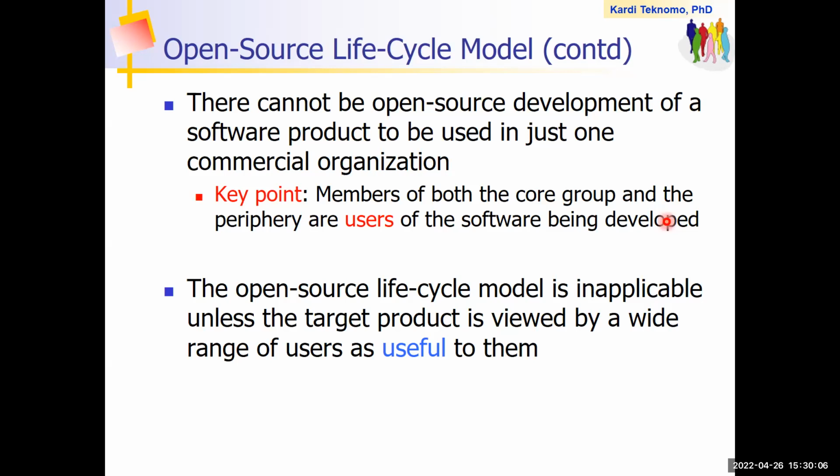Because you create the software and you are the one who uses it, you feel, oh, this is not good. I can improve it this way and that way. The more often you use your own software, the better the improvement will be. The more often you use the software, the more useful it becomes.